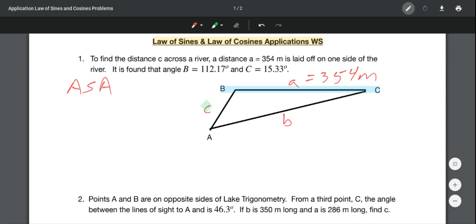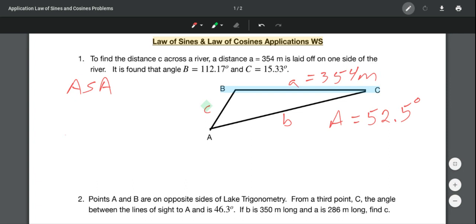In order to use that side length A, I would have to know the measurement of angle A. Well, I can easily find that since I am given B and C. So I can say 180 minus 112.17 minus 15.33, and I know that the measure of angle A is 52.5 degrees.